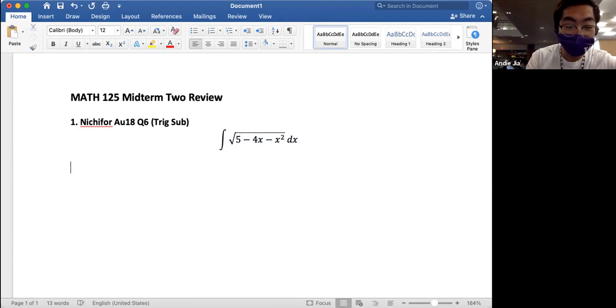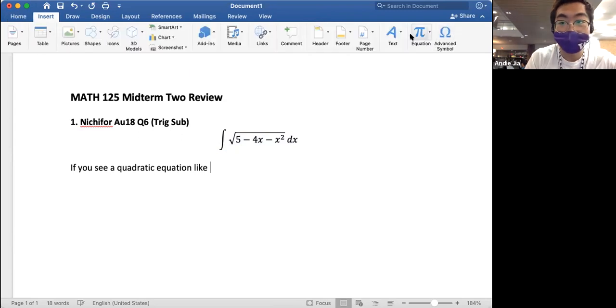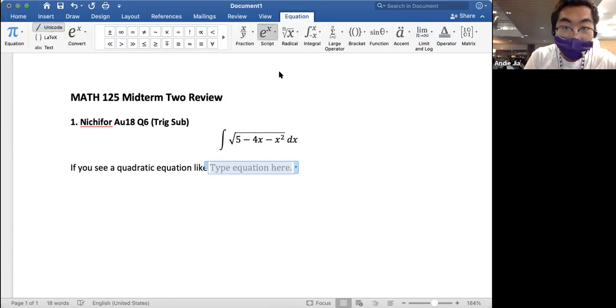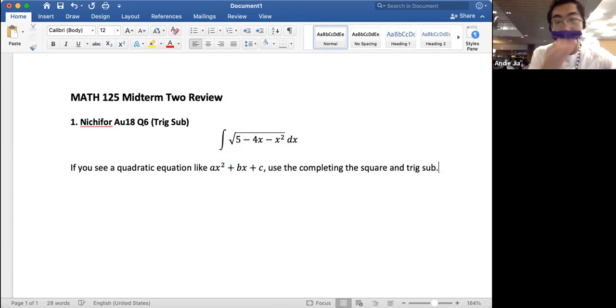So if you ever see a quadratic like this, like x squared plus bx plus c, use completing the square.